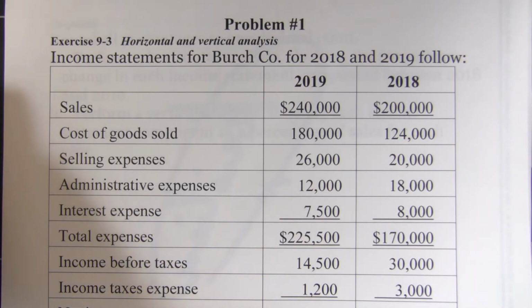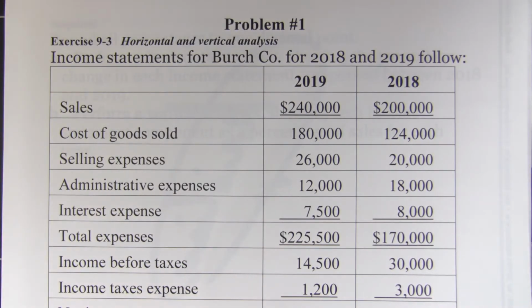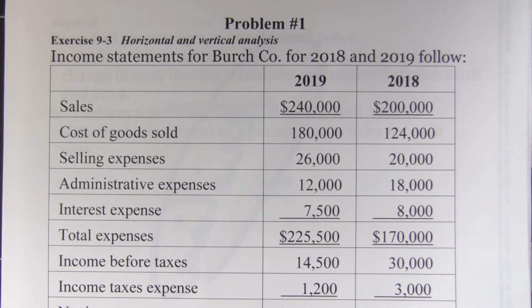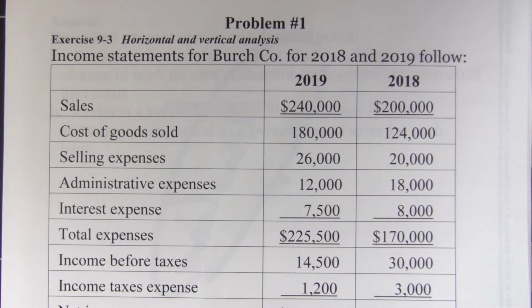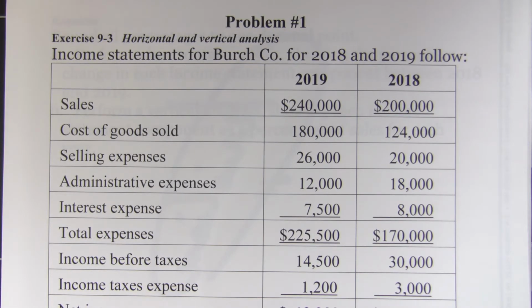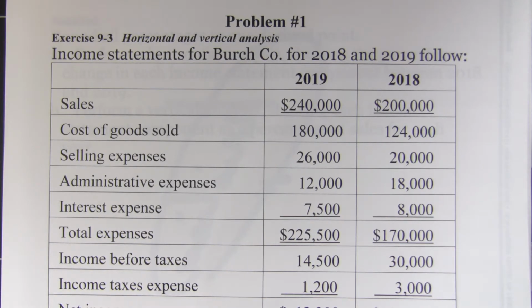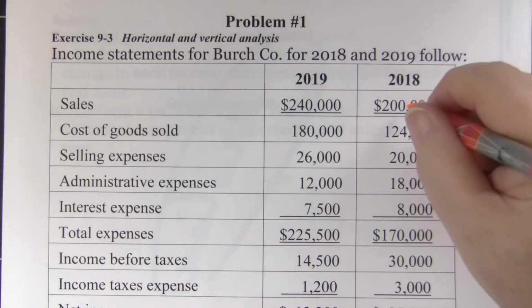Problem 1, Part A, this is exercise 9.3 in your text, asks us to do a horizontal analysis for the first part and then a vertical analysis. We'll start with the horizontal analysis. And horizontal analysis is simply looking at this column, looking at 2018.